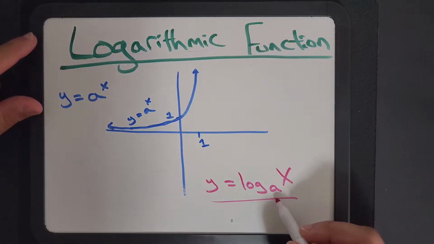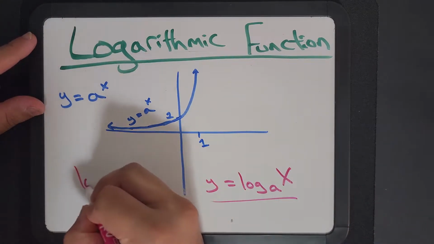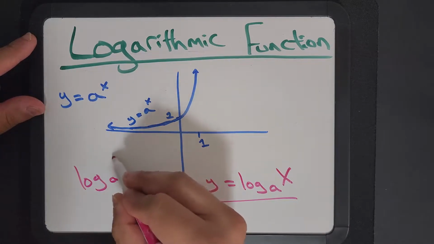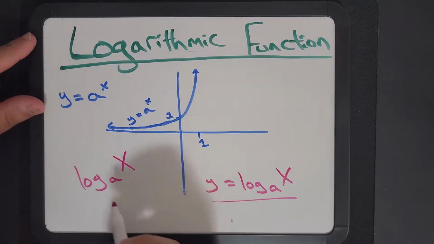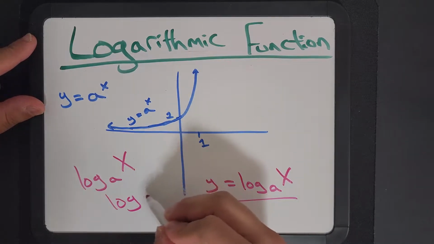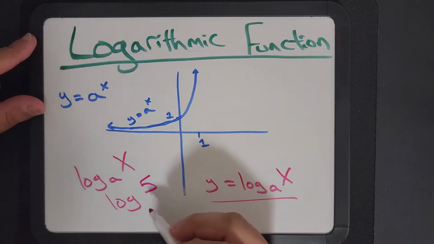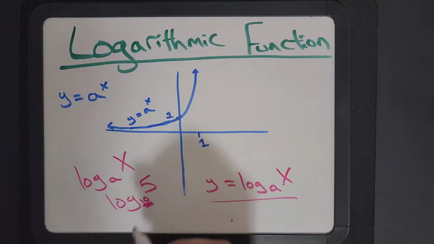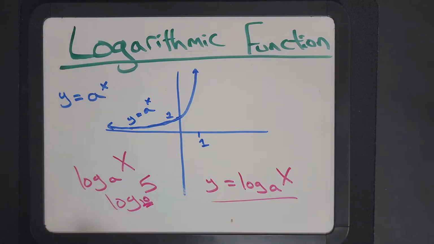This little a here is small, it's supposed to be written lower, log a, and then a value x. Usually when you see log with no number, the a value is actually set to 10 by default, unless otherwise stated.